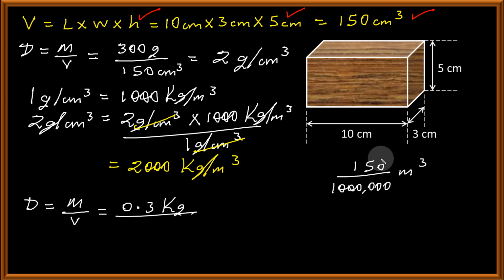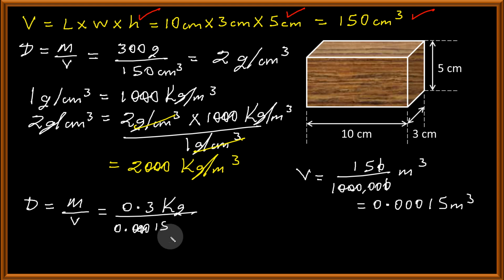Simple cross multiplication should be able to give us this value, and this value will give us 0.00015 meters cubed, with 5 decimal places. This will be the volume in meters cubed. So you come here and divide by 0.00015 meters cubed.